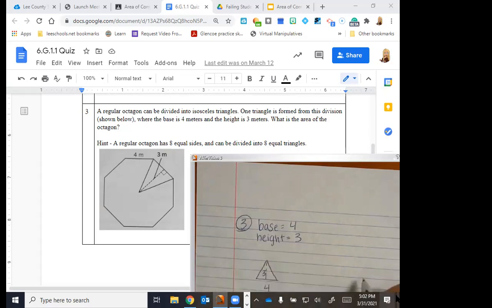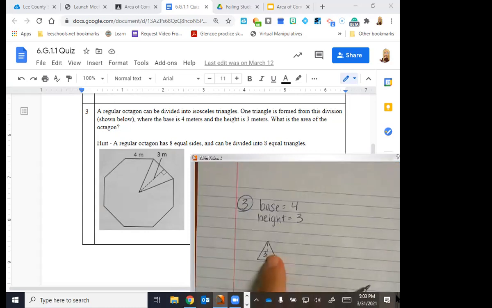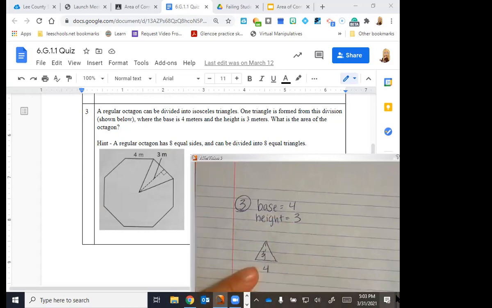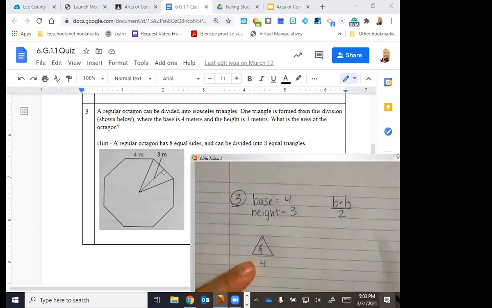I'm not even going to draw the octagon. I don't need to draw the octagon. Can I find the area of one triangle? Yes. Can I multiply that area times 8 to represent the whole octagon? Yes. So what is our formula for the area of a triangle? Remember, it's base times height divided by 2.